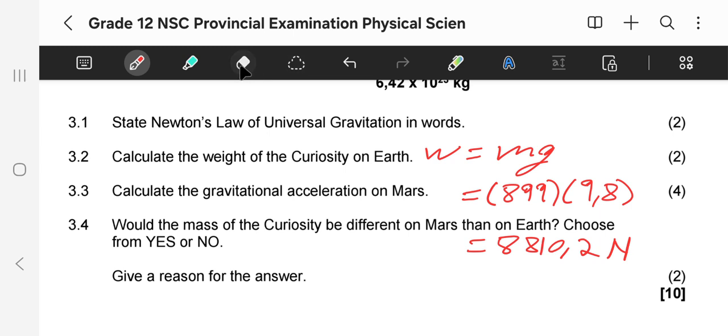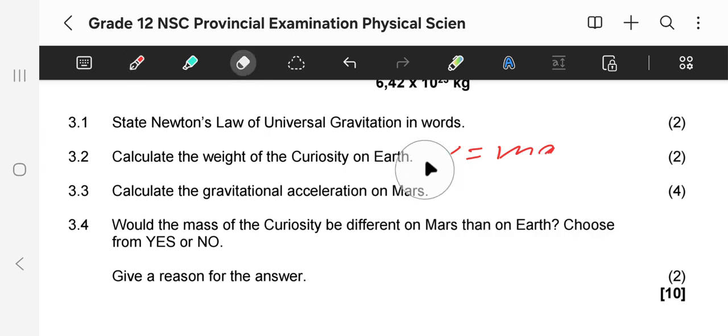Let's go to 3.3. For 3.3, they are saying, calculate the gravitational acceleration on Mars.